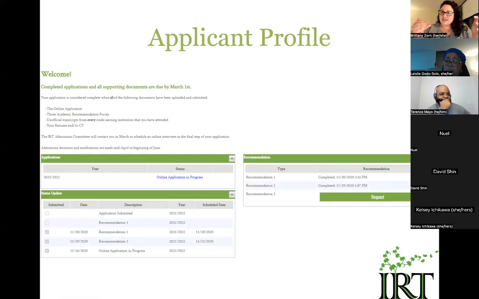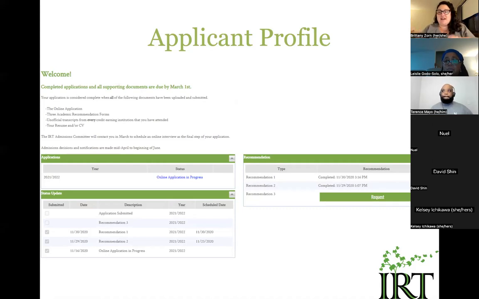So as Leislie was just saying, if you know someone is delinquent, like it's the day before, 2 days before, they haven't submitted the letter, they told you they can't submit the letter, whatever the case is, you can still come to your profile, put in new information, and then you can email IRT and say, I just put in a new 3rd recommender, please, oh, please, is there any way that if they get it in by like 12:01 on the 2nd or whatever, can you still accept it?